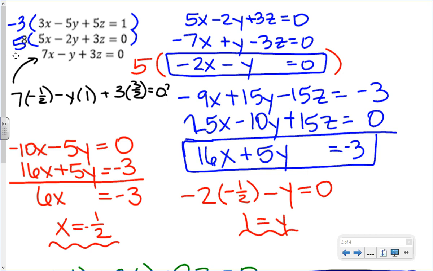Negative 7/2 minus 1, which is 2/2, plus 9/2, that equals 0. You don't even have to write it down, but just mentally doing that or plugging it into your calculator, you should know on a quiz or test or your homework if you're getting the right answer, because they should satisfy each equation you have up there.